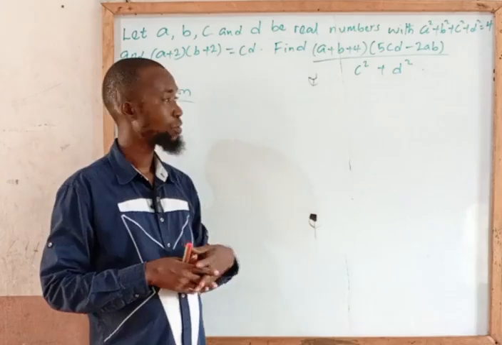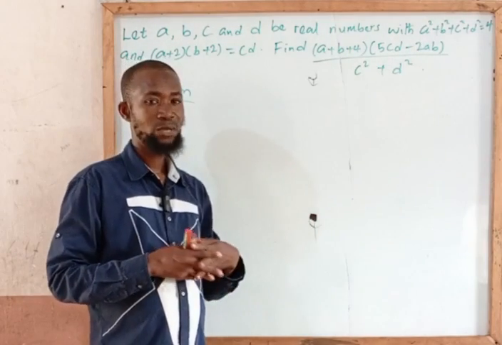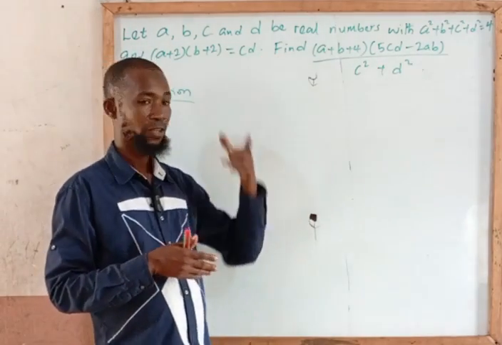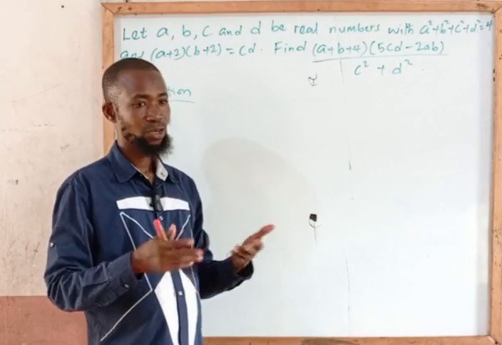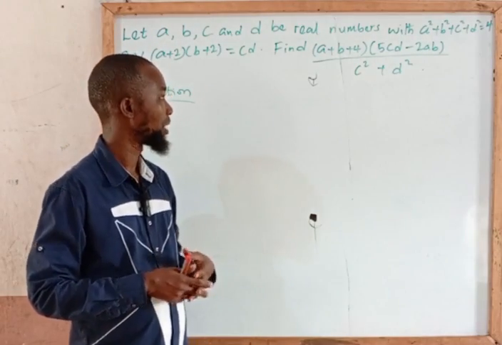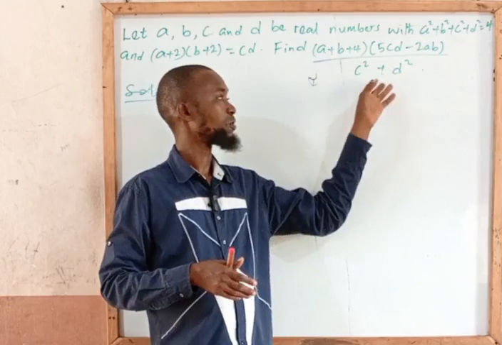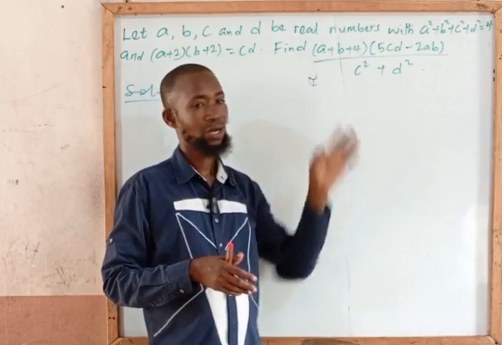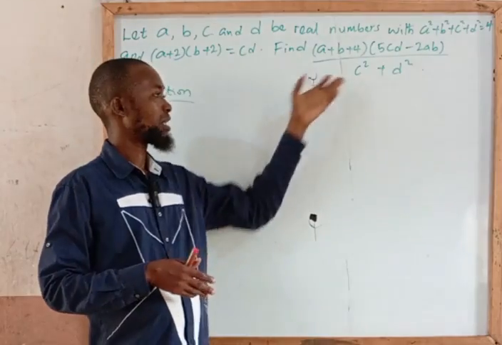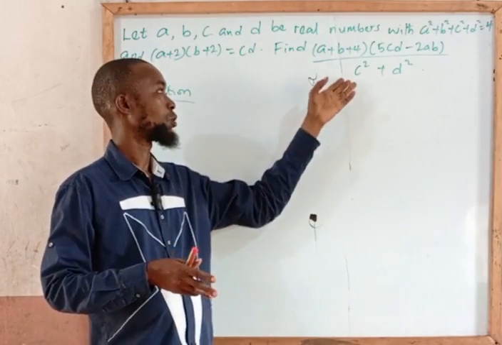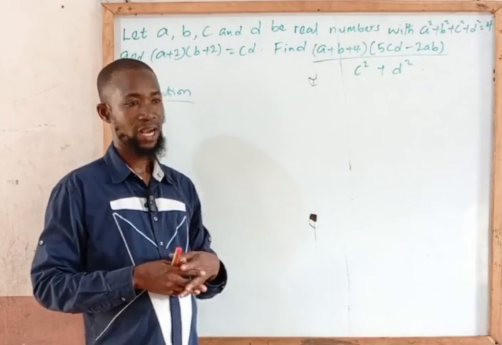Using the given part, I will be able at the end of the day to get the values of a, b, c, and d. And having gotten the values of a, b, c, and d, I will plug those values into the required part of the question. With that, we'll be able to arrive at the answer and the conclusion of what we are asked to do.